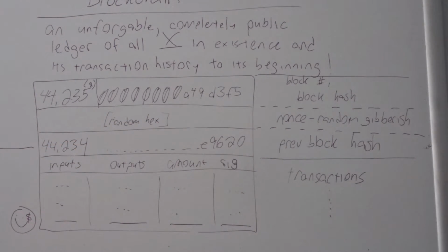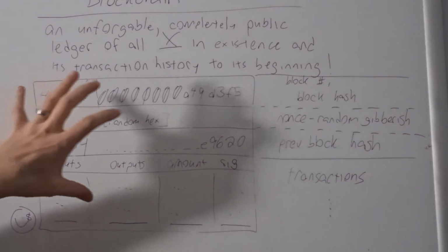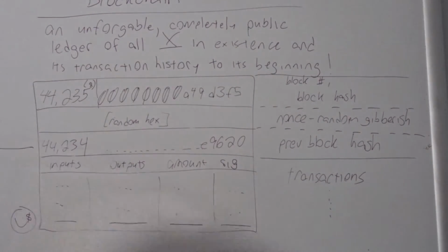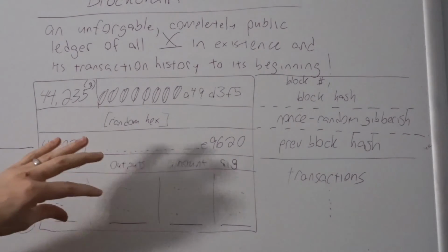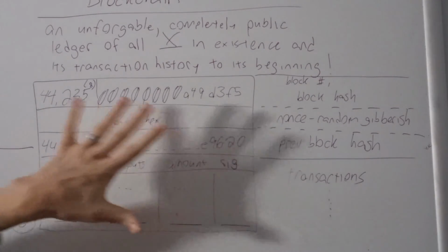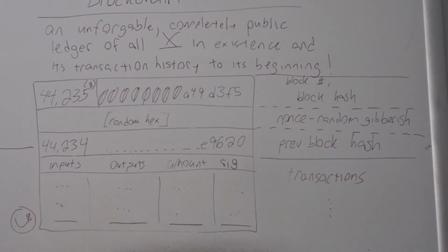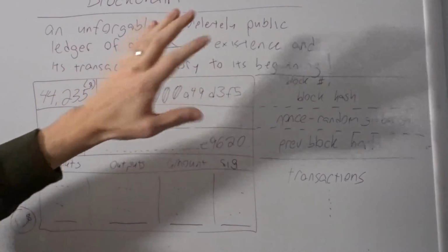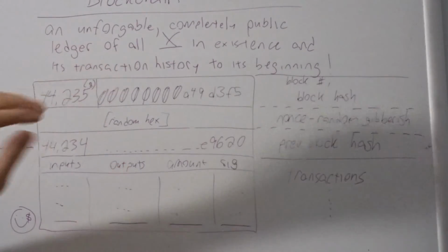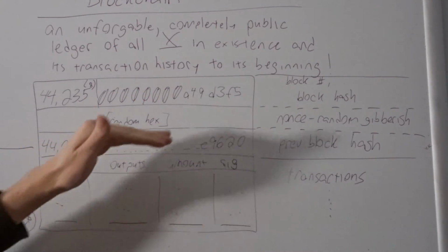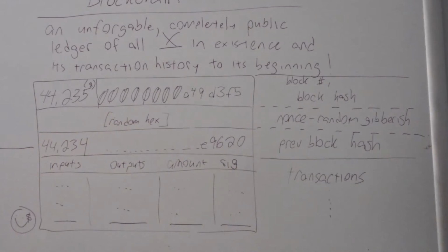So, in summary, the blockchain is a set of records called blocks containing transactions which have cryptographical properties that make them unforgeable, that make the entire history unforgeable, that keep track of anything in existence for that blockchain, Bitcoin or Ether, and create a completely public accounting of all the movements of money.